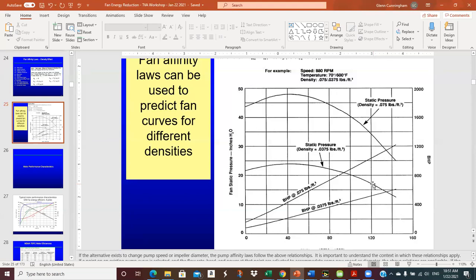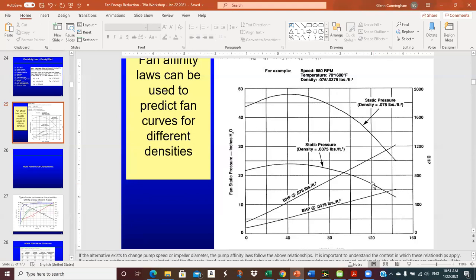Do the fan laws always apply to centrifugal type fans, or is there ever a fan type that the fan laws don't work well with? Not that I know of. That's a good question.